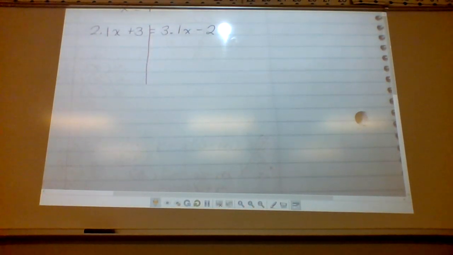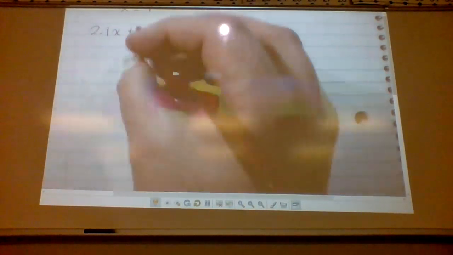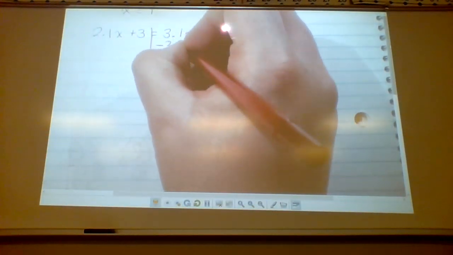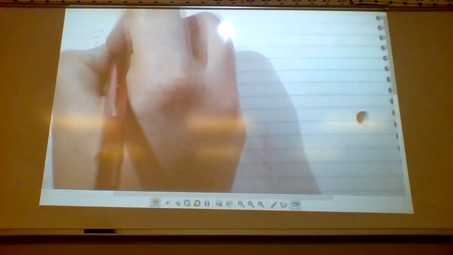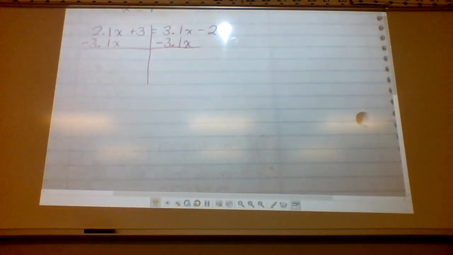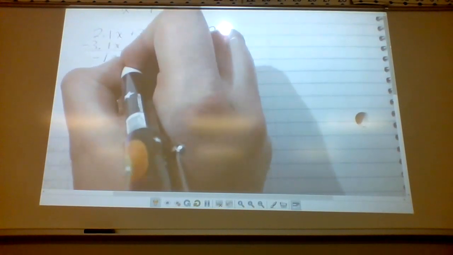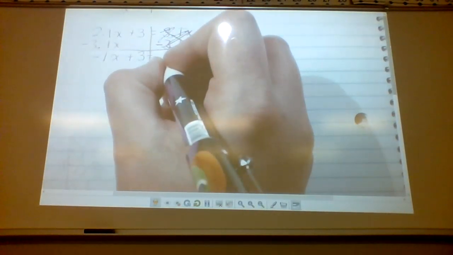Either you know it and you're great, or you don't know it, which means you need to focus and pay attention, please. I have variables on both sides. The first thing I do is take away, which means subtract, 3.1x from both sides, so that the 3.1 just completely goes away. 2.1 minus 3.1 is negative 1x plus 3 equals negative 2.